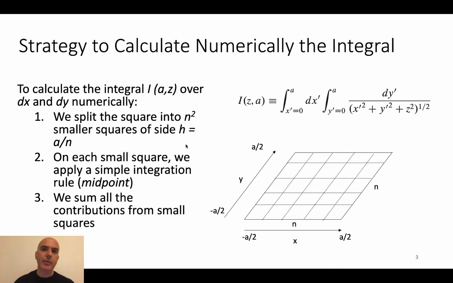The second step is that on each small square we apply a simple integration rule. In this particular case, we are going to apply the so-called midpoint rule. After we calculate the integral for each of these squares, we sum up all the contributions from the small squares.